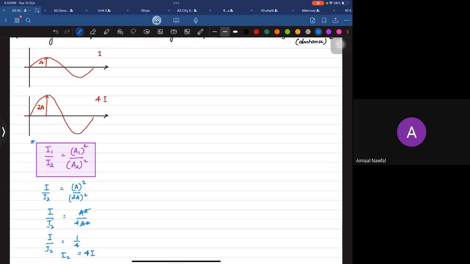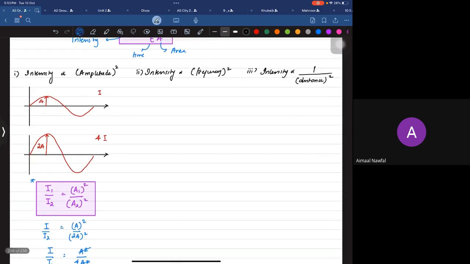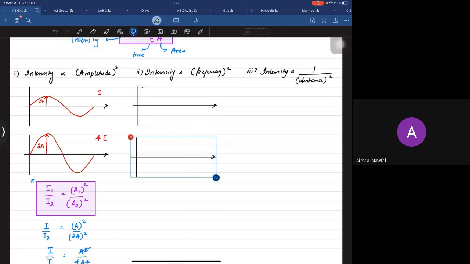Okay. Now, from the frequency perspective, I'm going to put the waves here.